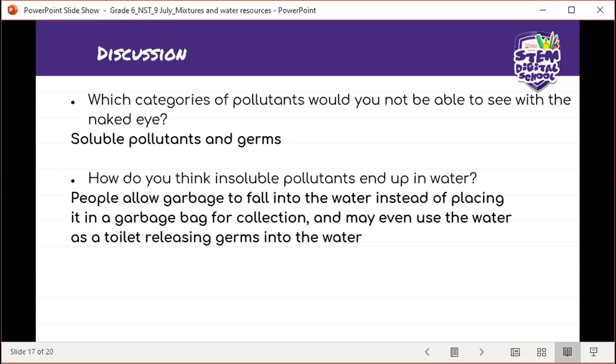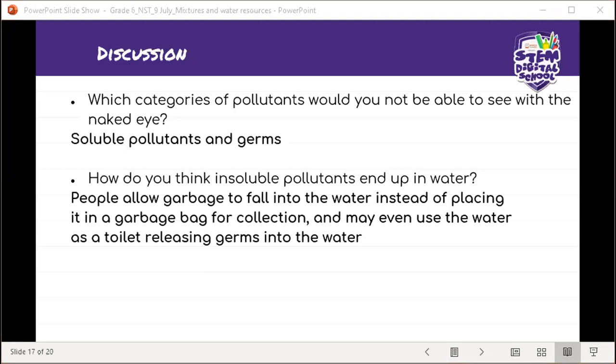They might do their business in the water, for example defecating in the water, peeing in the water, etc. So this is how the pollutants would end up in the water.